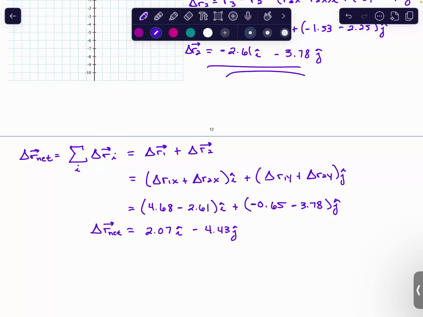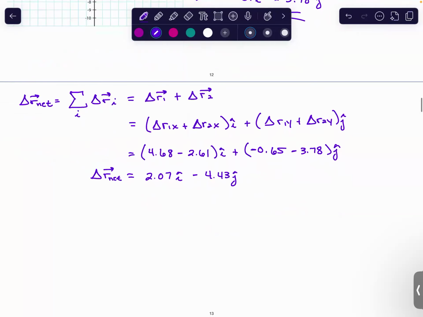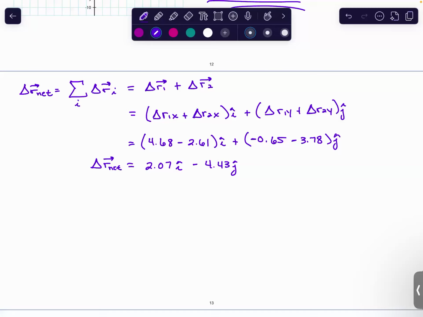Now, just so we can draw it on the graph, I kind of want to know its direction. So remember, it's the inverse tangent of y over x.